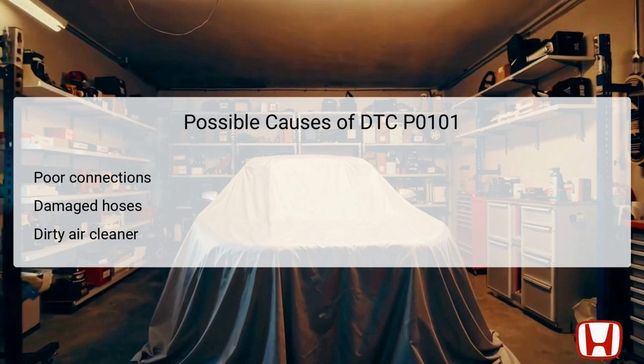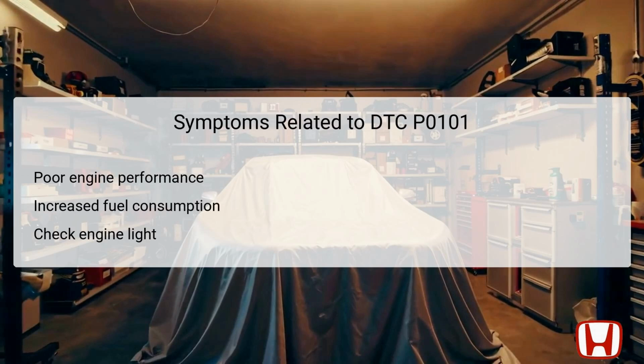Recognizing these potential causes is vital for narrowing down the troubleshooting process and understanding where faults may lie within the air intake system. When DTC P0101 is present, several noticeable symptoms can manifest in the vehicle's operation. Drivers may experience poor engine performance, including hesitations during acceleration and overall sluggishness. An increase in fuel consumption can also be observed, as the engine struggles to maintain optimal air-fuel ratios due to inaccurate MAF readings.